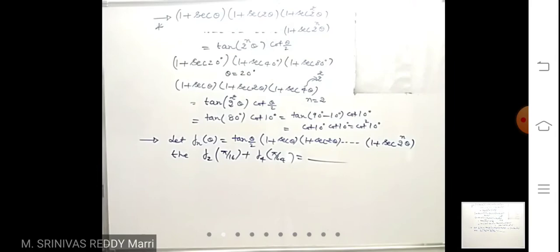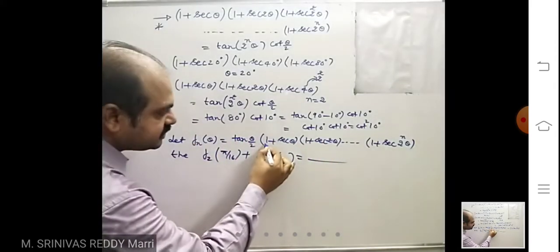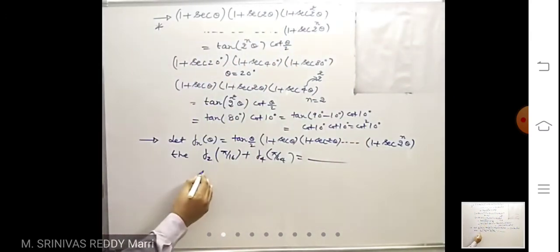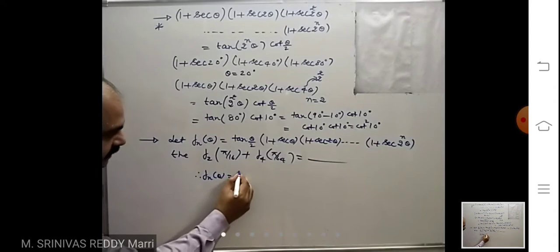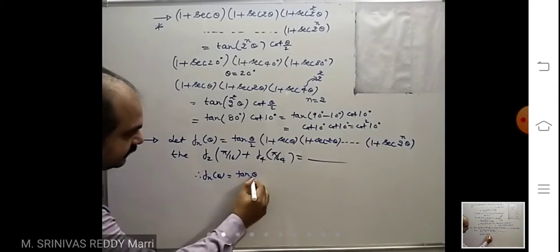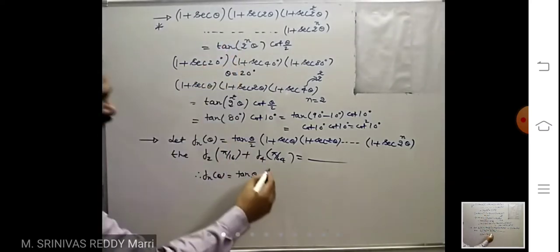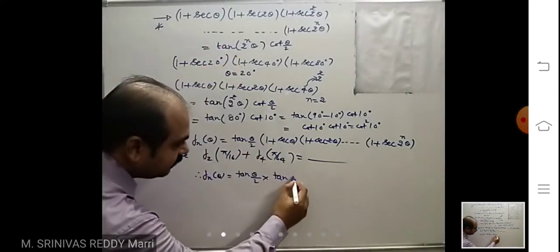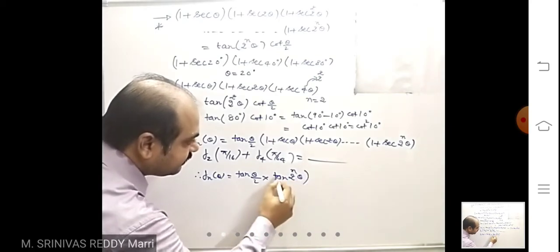So numerical answer, look at here. Fn of theta is given like this. So from here to here our formula is there. Therefore, Fn of theta is nothing but tan theta by 2 into, from here to here, the formula tan of 2 power n theta into cot theta by 2. This type of question is given in IIT.